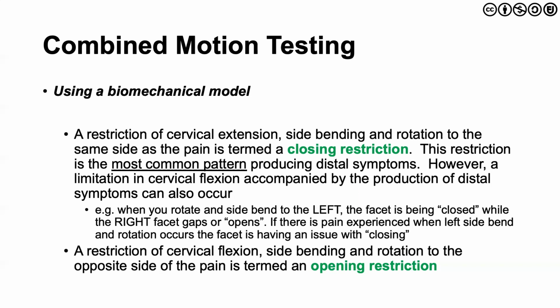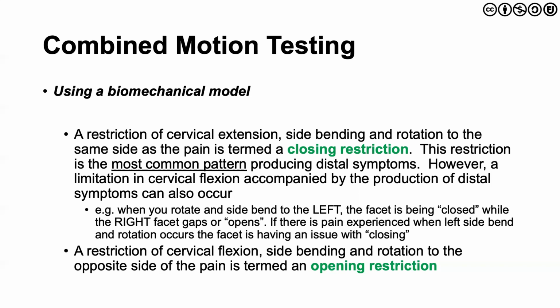If there is a restriction on one side, that one side is going to bind up, it's going to pause the motion, and so the opposite side continues to move. And so we refer to that as a closing restriction. Oftentimes side bending and rotation occurs at the facet that is having that issue with closing, but the other side continues to move, and so we see this contralateral motion occurring.